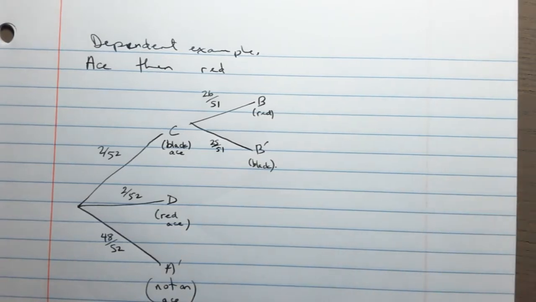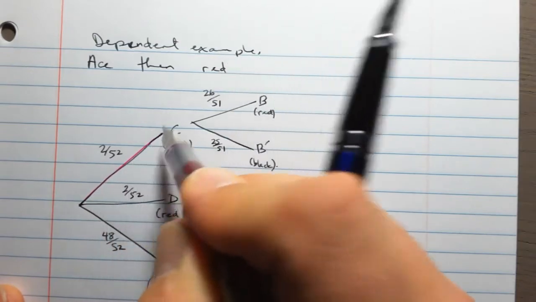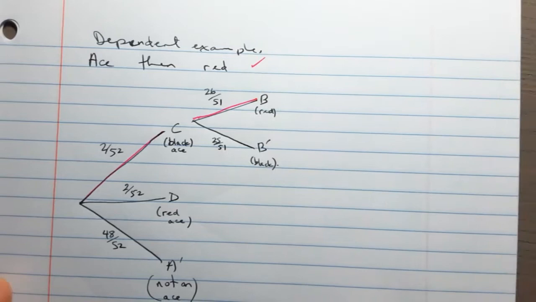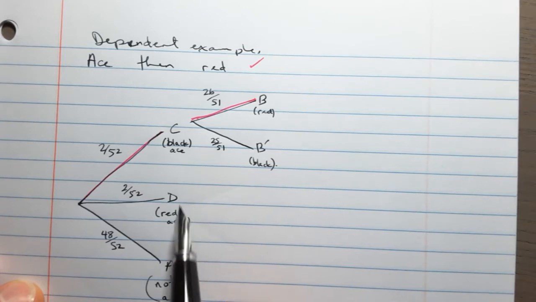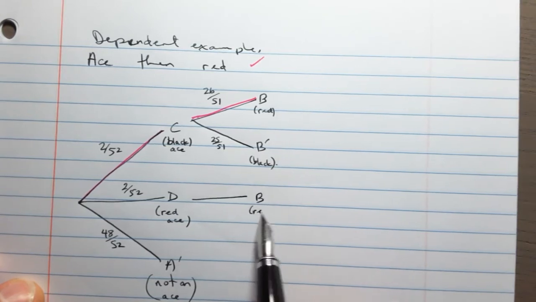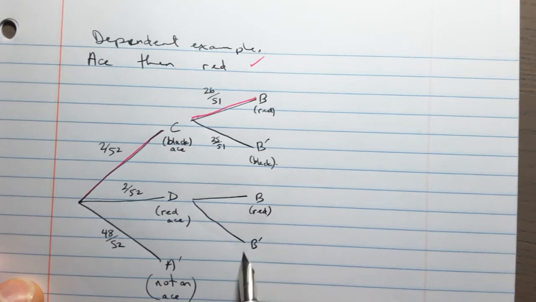So I'm just going to draw on here that this branch followed by this branch achieves our goal of getting an ace and then a red card. And we're going to have that happen in another place down here. For if we follow this branch, getting a red ace first, then we can still get a red card that's not that first ace that we drew, or we could get something else.